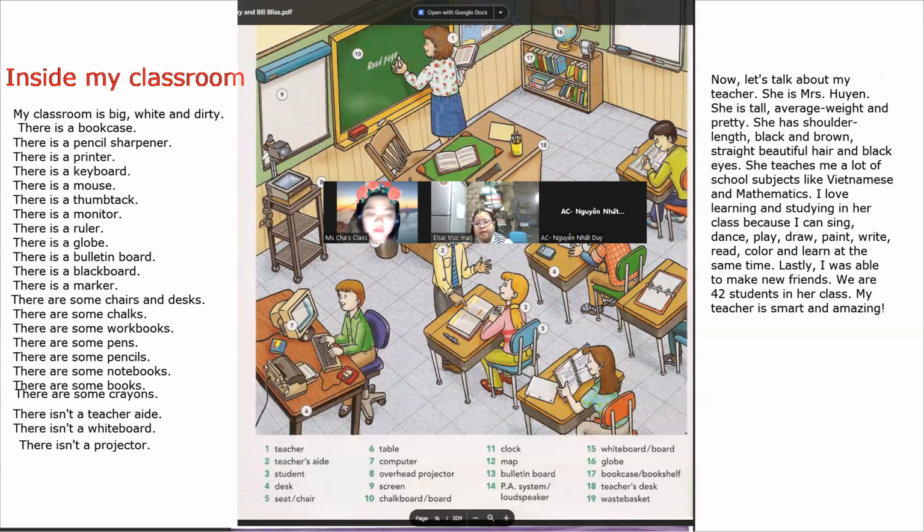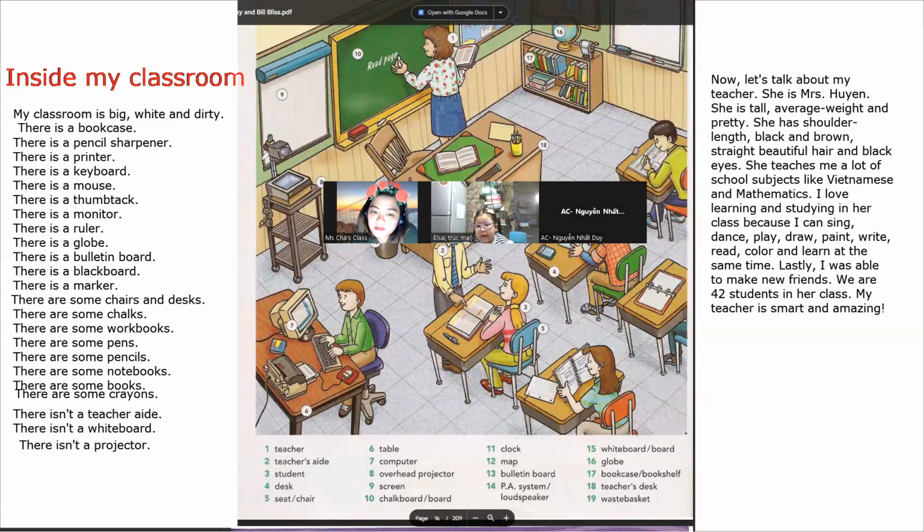Now, let's talk about my teacher. She is Miss Hien. She is tall, average weight, and pretty. She has shoulder length, black and brown, straight, beautiful hair, and black eyes. She teaches me a lot of school subjects like Vietnamese and mathematics.